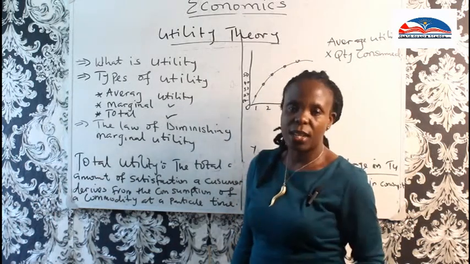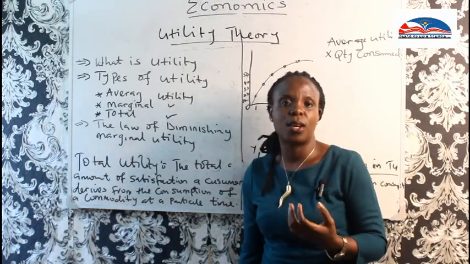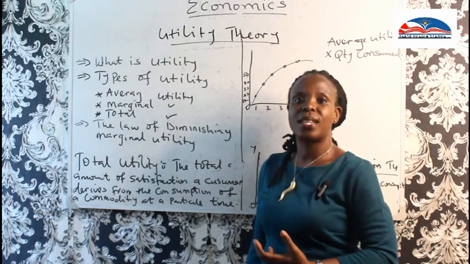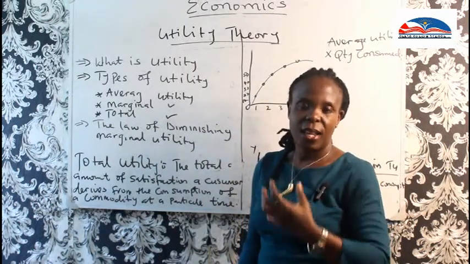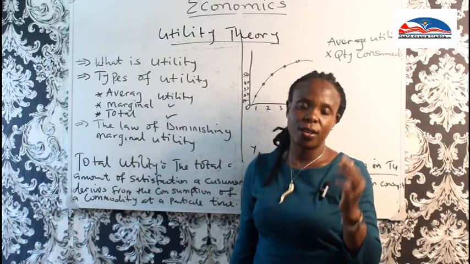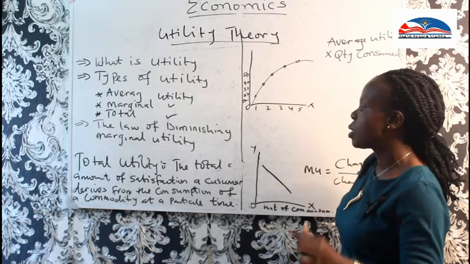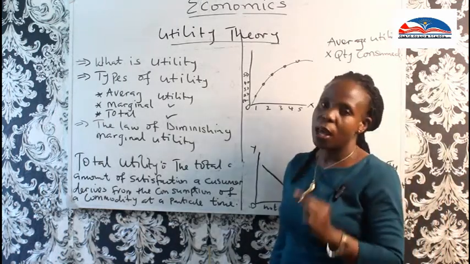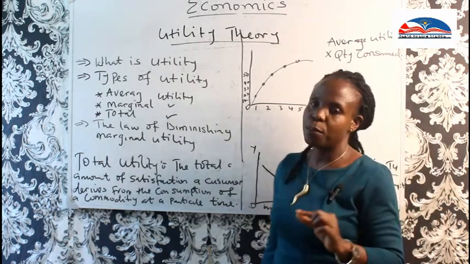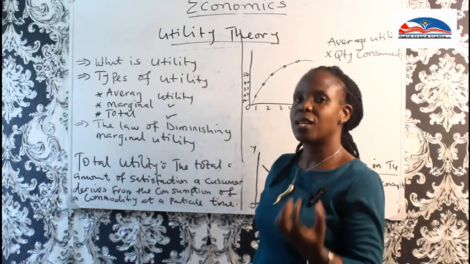The second one gives him that happiness, and the third one gives him that happiness. That means that the consumer is willing to buy that product because it gives him the happiness, the satisfaction that he or she derives from that product. So total utility is the total amount of satisfaction a consumer derives from the consumption of a commodity at a particular time. That means he is happy consuming that product.